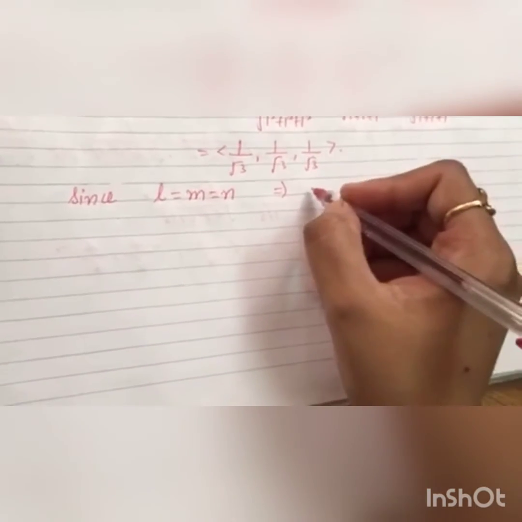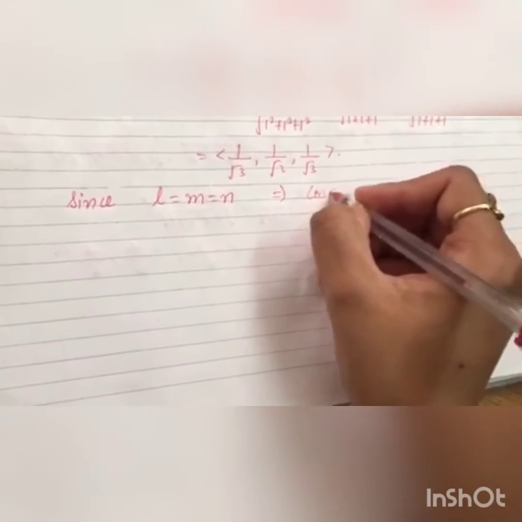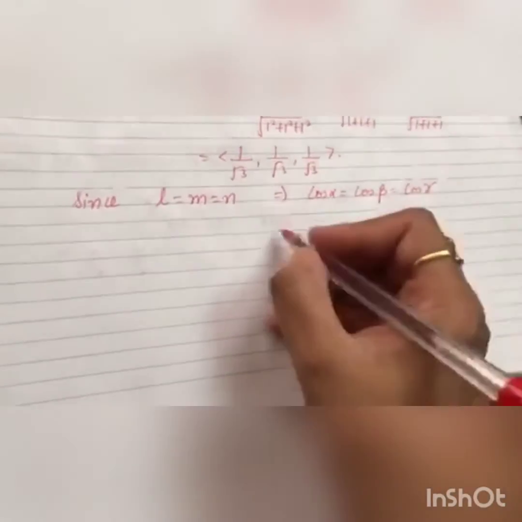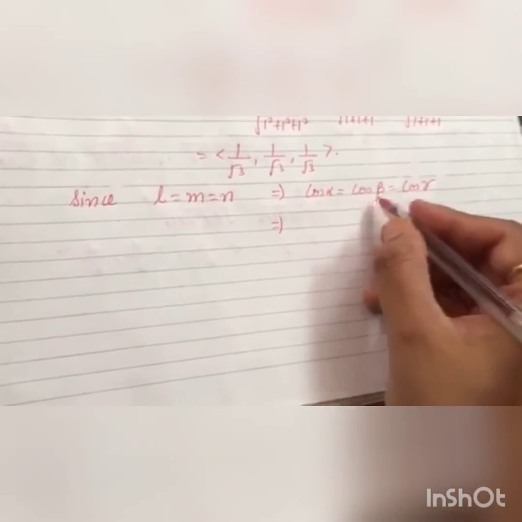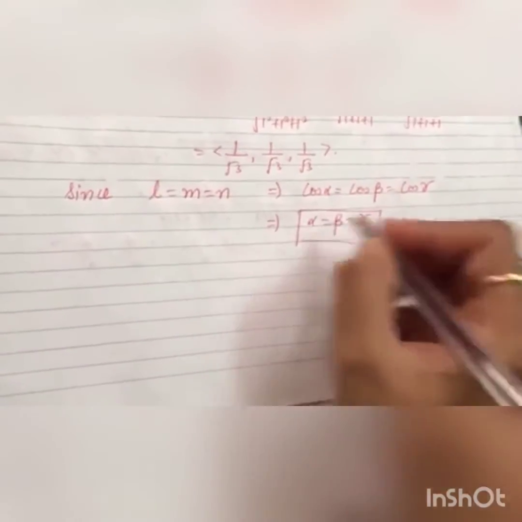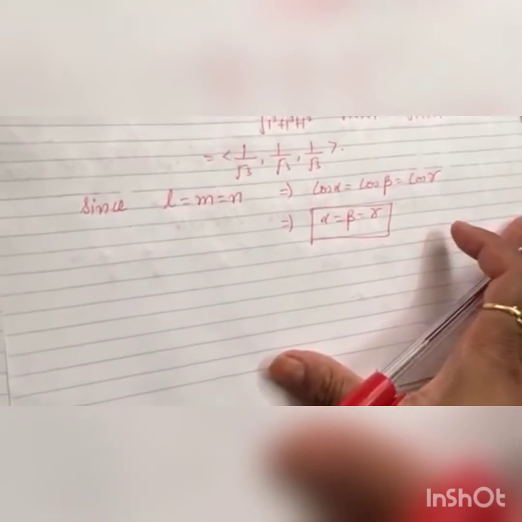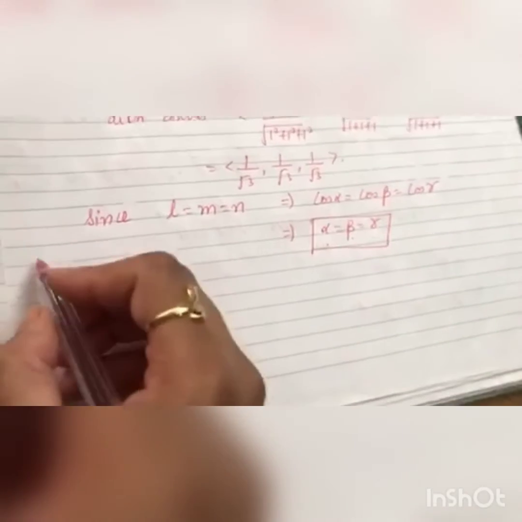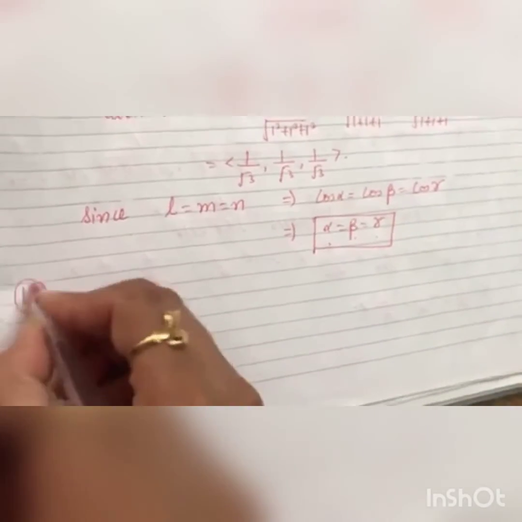If l equal to m equal to n, that means cos alpha equal to cos beta equal to cos gamma. If cos is equal for alpha, beta, gamma, that means alpha, beta, gamma are the same. So hence it is proved that the vector A is equally inclined to X axis, Y axis and Z axis.